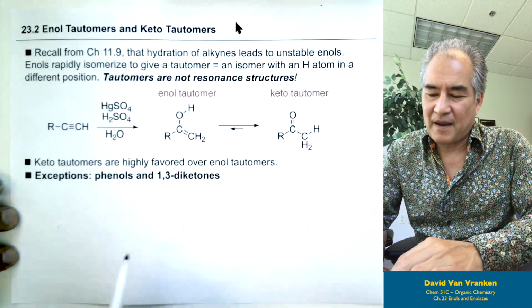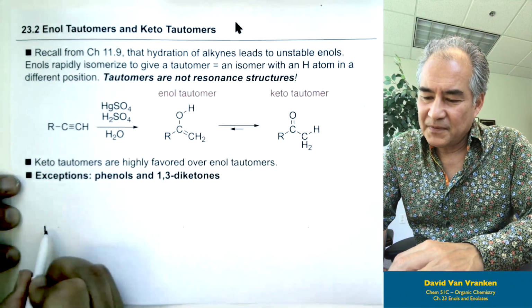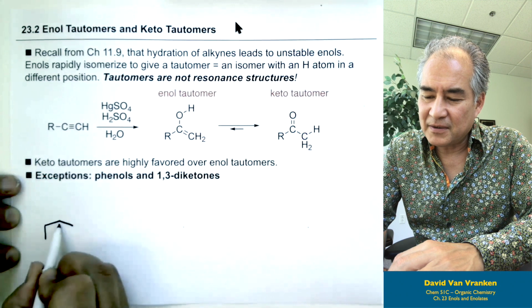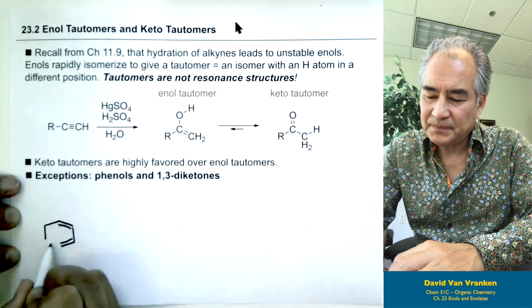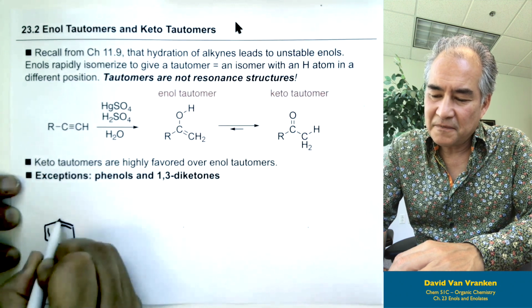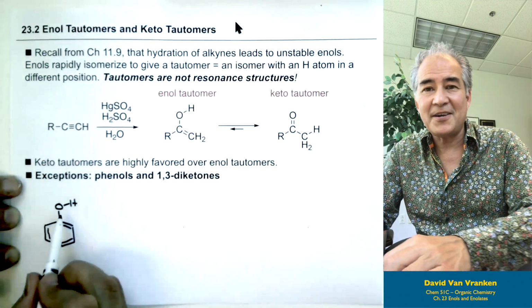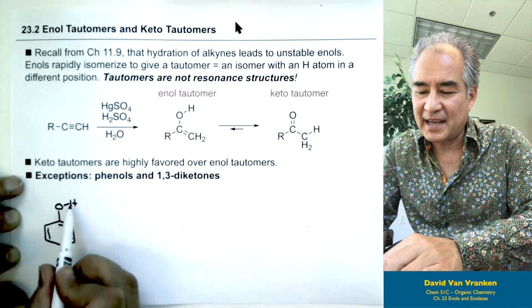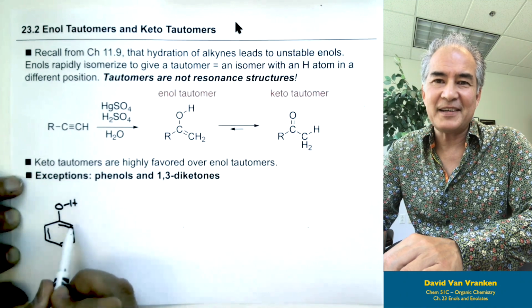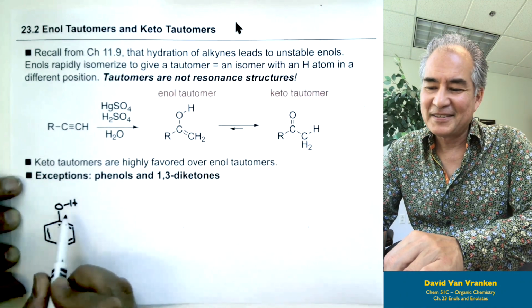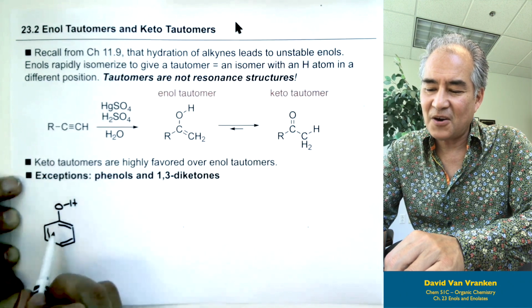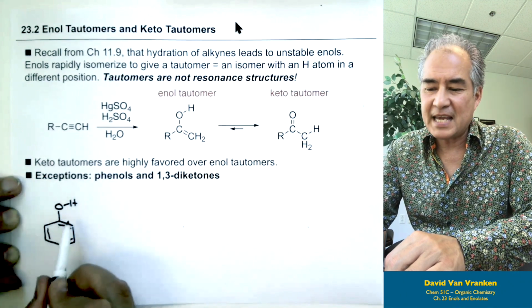So one place where the enol tautomer is favored is with phenol. So phenol is actually an enol. And you could draw that in a keto tautomer form where I put the H down over here. But if you do that, the keto form is not aromatic. So in the case of phenol, this is the enol form.